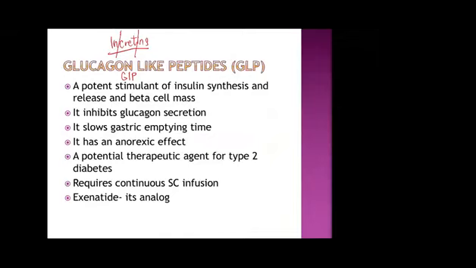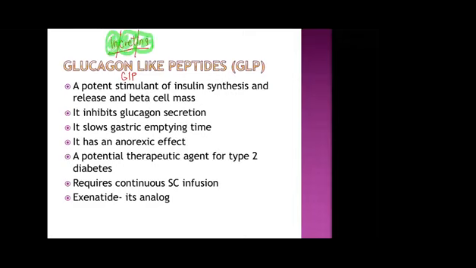Ang general action ng mga glucagon-like peptides and GIP, they can increase secretion of insulin. Okay? So incretin sila, again, incretin because they can increase insulin secretion.